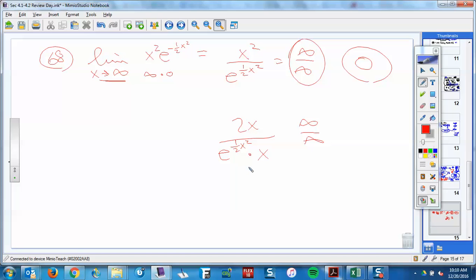Now keep this in mind, because I have seen problems, and it may be one of them in here, where you do L'Hopital's rule, and what happens is you kick out an x or whatever, and so you've multiplied.